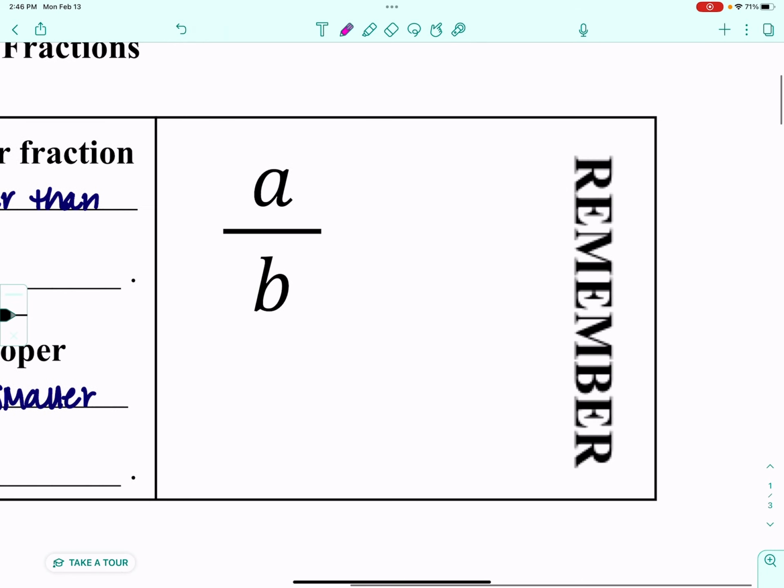So we're going to go right next door and give you a reminder that the numerator is the number on top of a fraction, and the denominator is the number on the bottom.